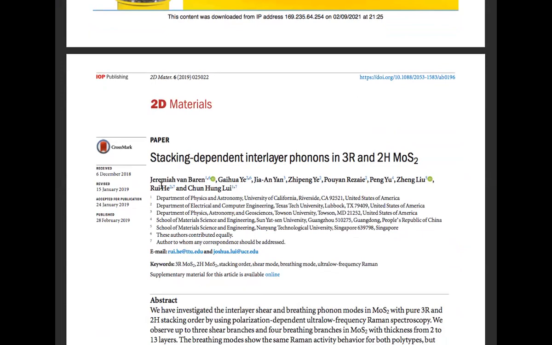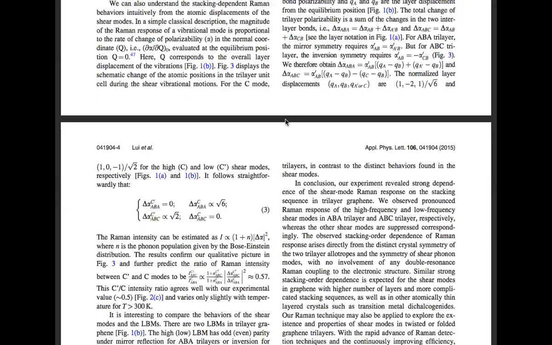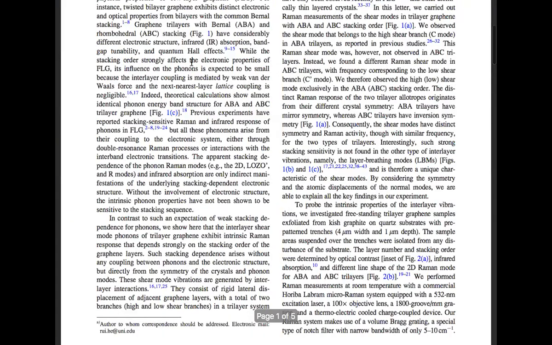Because the measurement is actually pretty simple. You make the sample, one stacking, another stacking. You measure the Raman. That's it. I think for this paper, the measurement was done by an undergrad.